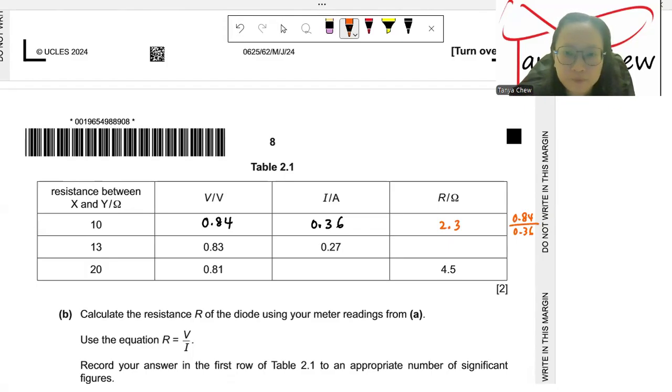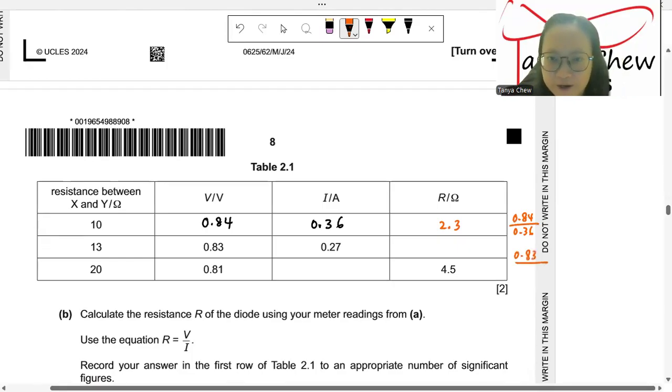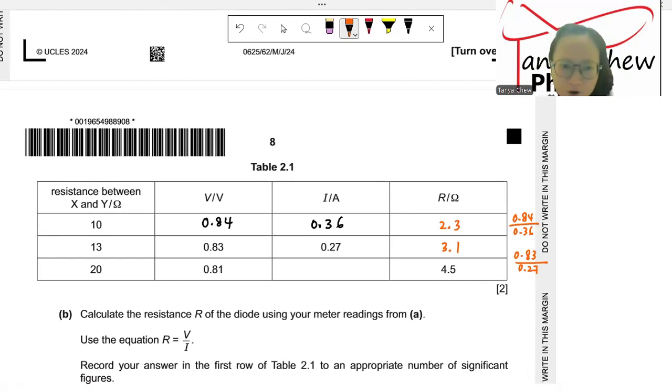Now, the next one: V is equal to 0.83 divided by I, which is 0.27, and I got 3.1. And the last part, this blank, I have to fill in the value of current.